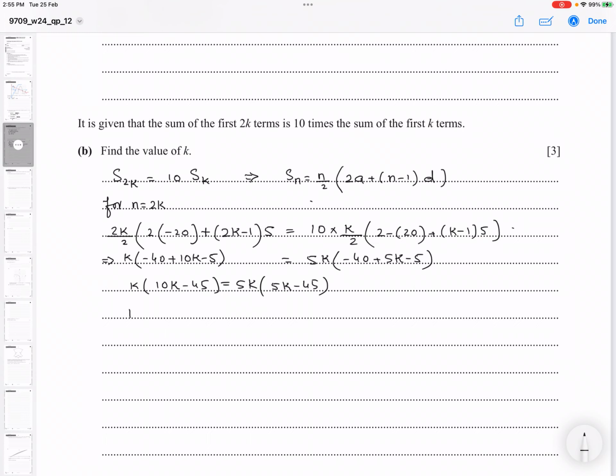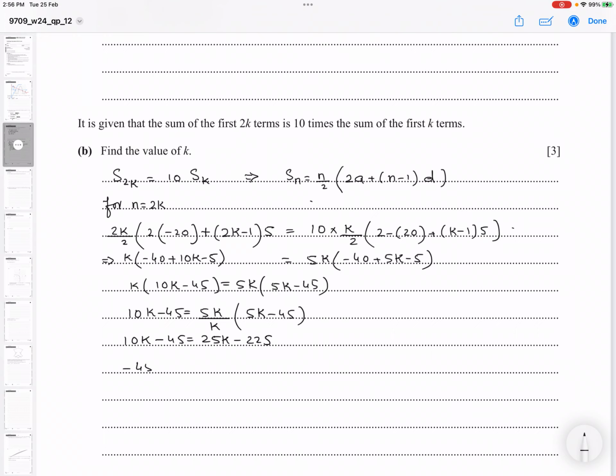So this will become 10k minus 45 is equal to 5k over k times 5k minus 45. You will get from here 10k minus 45 equals 25k minus 225.